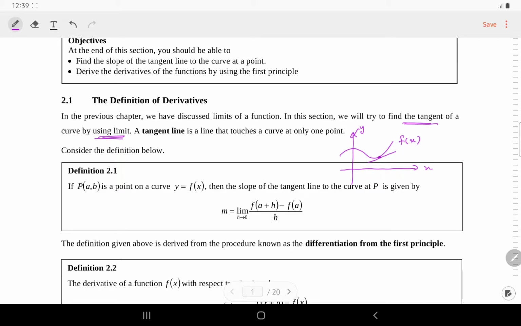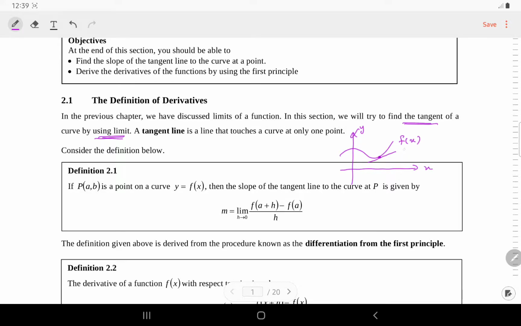You know what a tangent line is, right? A tangent line is a straight line touching the graph at one point. We want to find the slope of this tangent line.